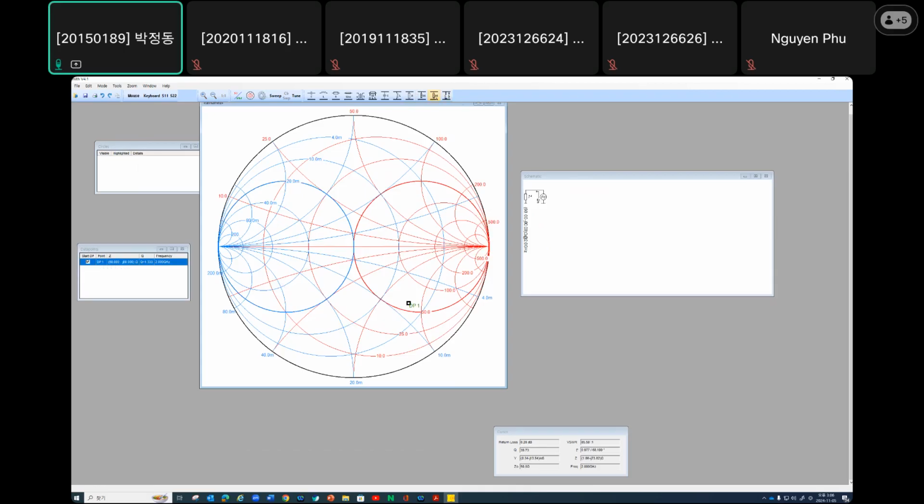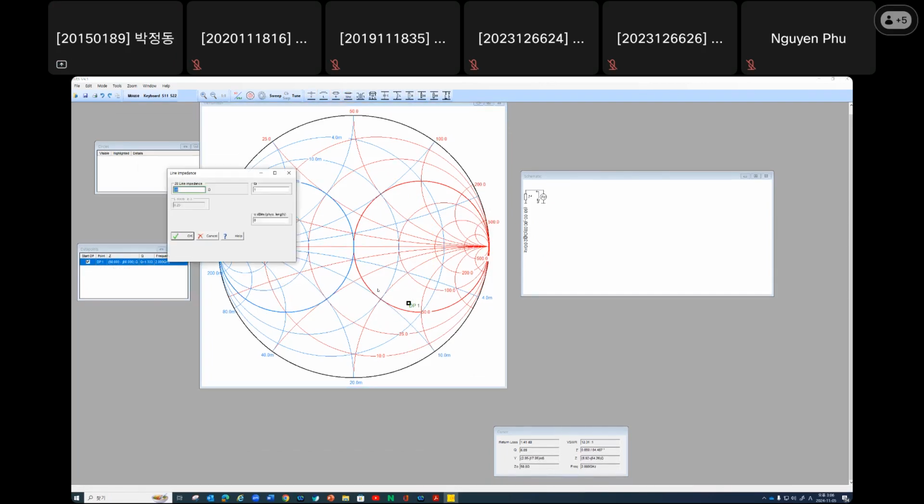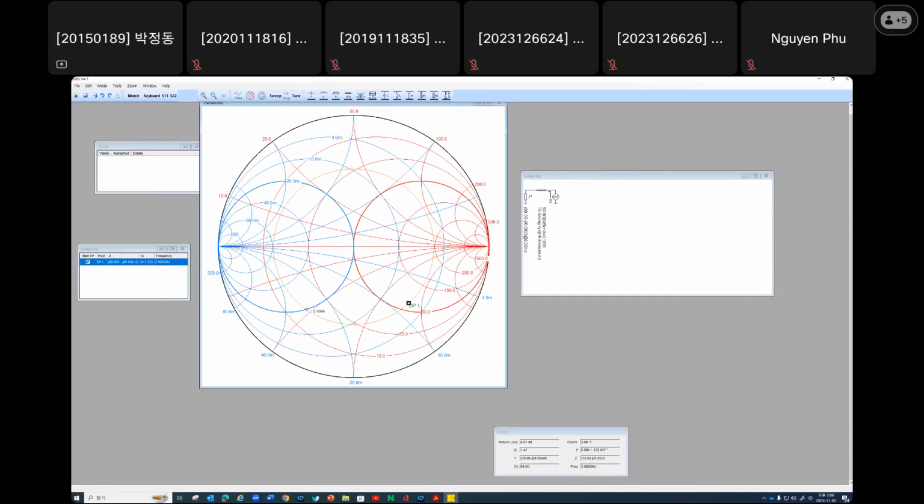In the same way, if you want to add inductance to make it resonate, you have to use a short stub to achieve the shortest stub length.